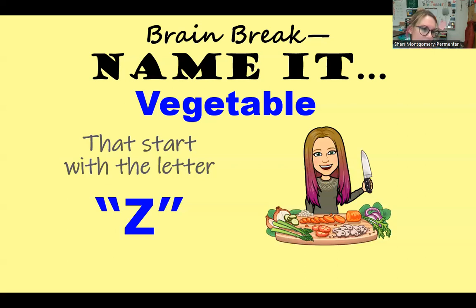Zizania latifolia. That sounds like a... yeah, it does. It says zucchini, but I am quite certain that zucchini is a fruit. Zucchini, fruit or vegetable? It's a fruit. Botanically, it's a fruit.